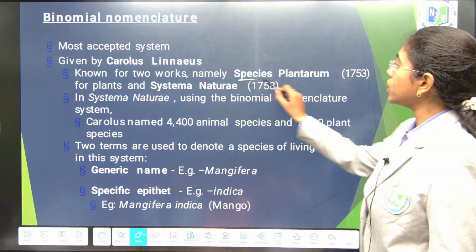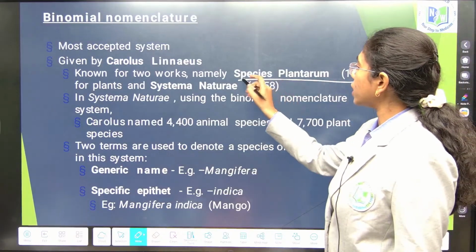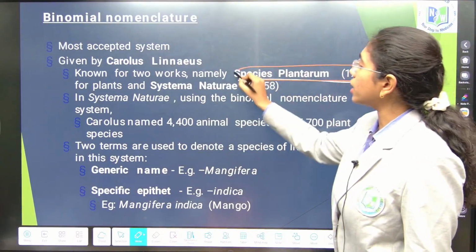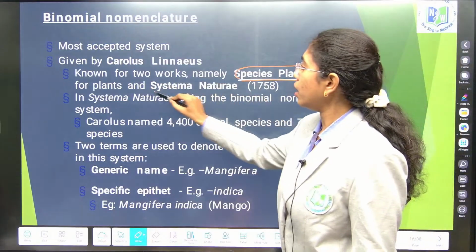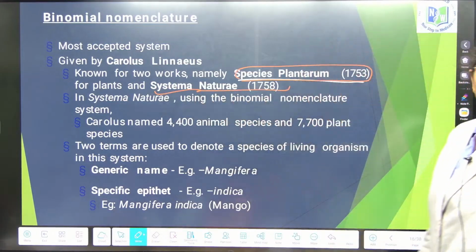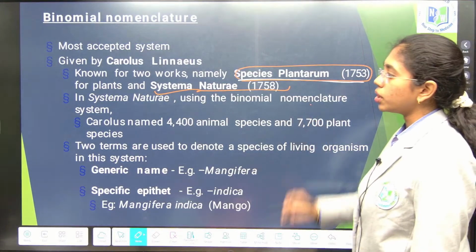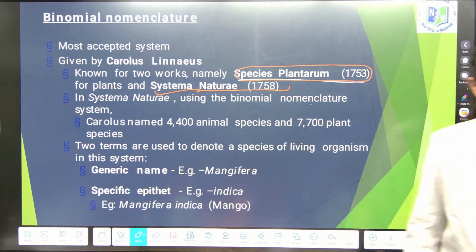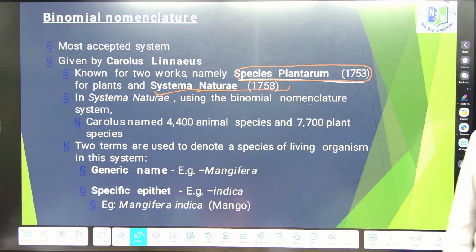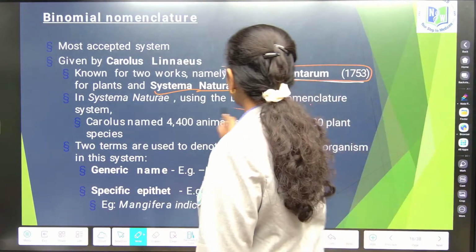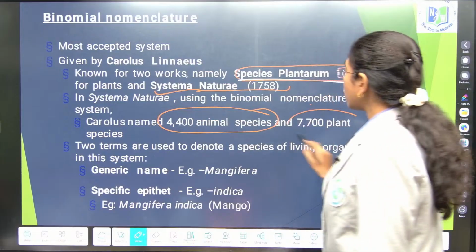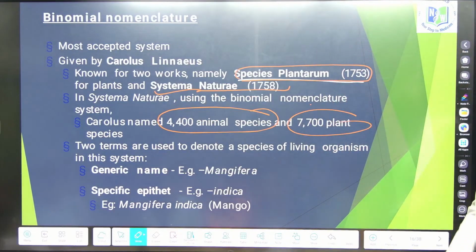One is Species Plantarum, in the year 1753. Another is Systema Naturae, in 1758. In Systema Naturae, the binomial nomenclature system is found. How many organisms were named? 4,400 animal species and 7,700 plant species were named.